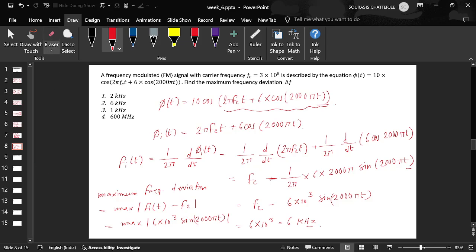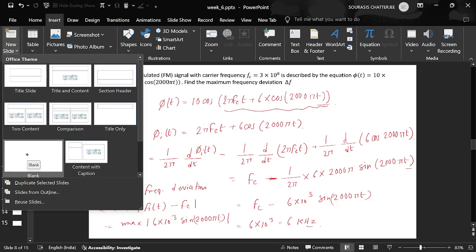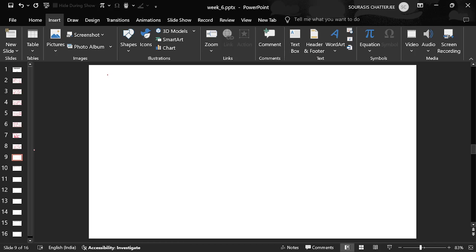Actually, there is another bit of a straightforward way to obtain that. So for that, we write the expression of the frequency modulated signal again.